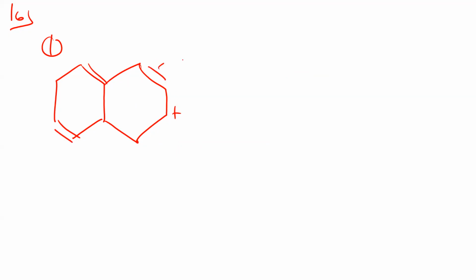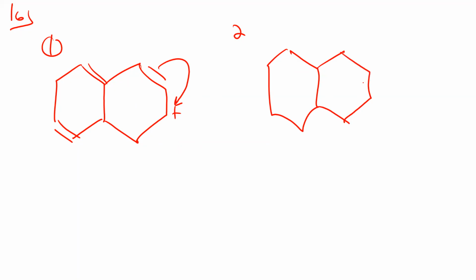So if we put the positive, there's resonance right there. So then we'll form something similar, we're just moving the double bond and the charge. So then we'd have that double bond right here, and there's a positive charge right there.